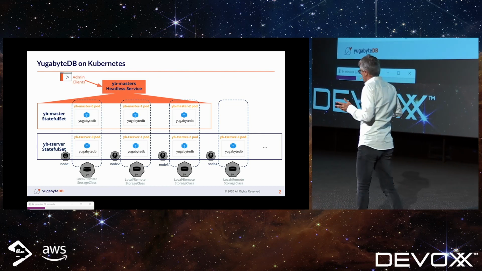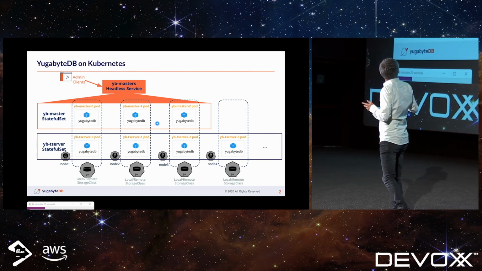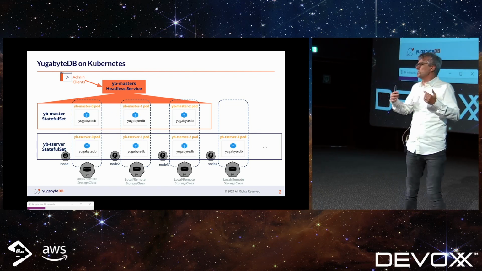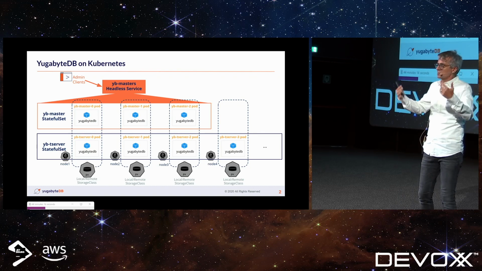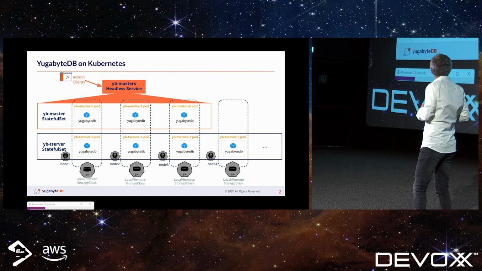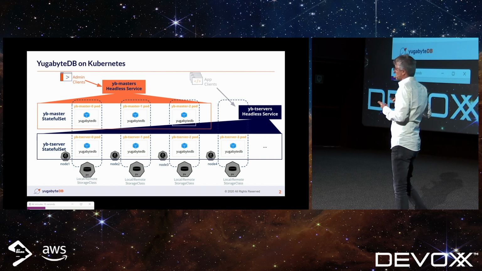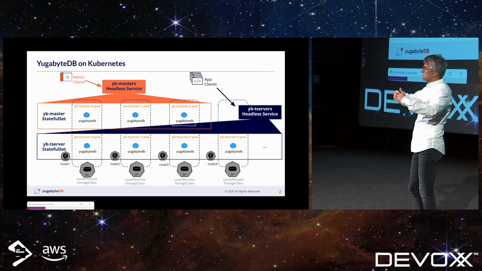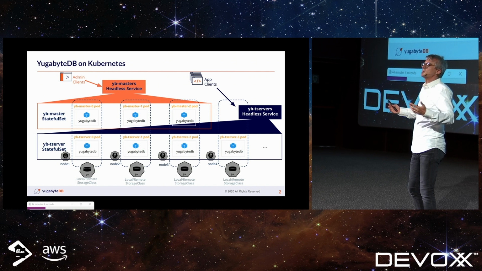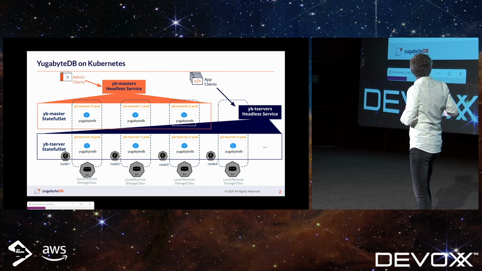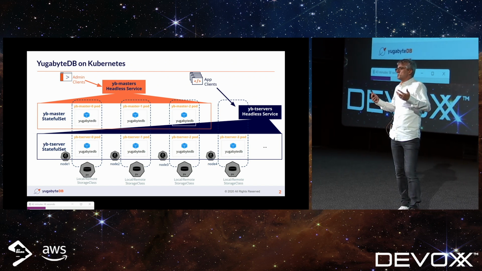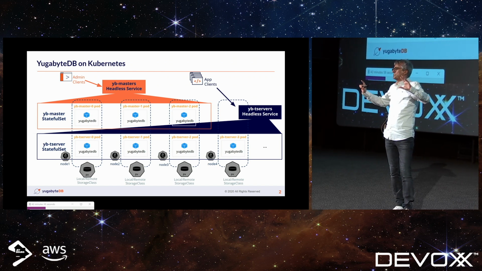About the services on top of it, we will have a load balancer on top of the master one. That's more for the administrative commands, the cluster metadata. The application will connect to the T servers, and you can connect to any node. That's the point with distributed SQL databases. And Yugabyte is Postgres compatible in the sense that we really use Postgres.